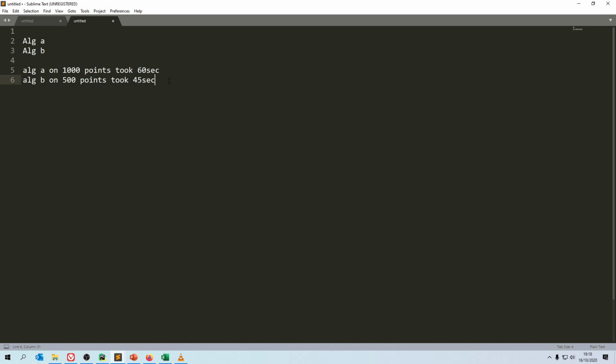Which one is a more efficient algorithm? Well, it looks like probably algorithm A, because we can assume that algorithm A would take about half that time on 500 points.